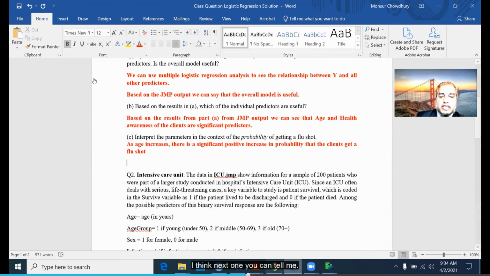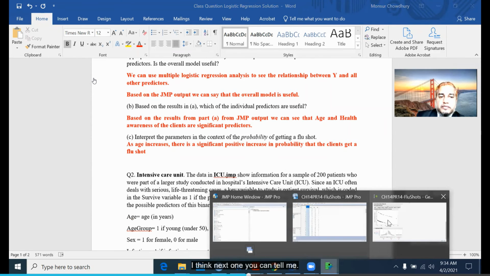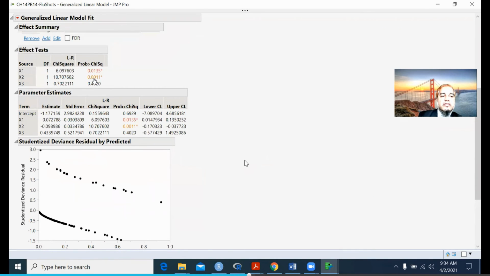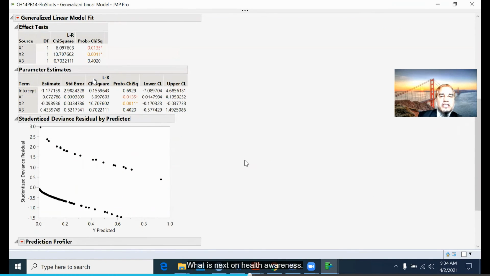I think the next one you can tell me. So what is the next one? Health awareness. So if health awareness increases, the probability of getting a flu shot... No, but if you say that by 0.0989, that's something you are confusing. Why? Because this is not the probability.